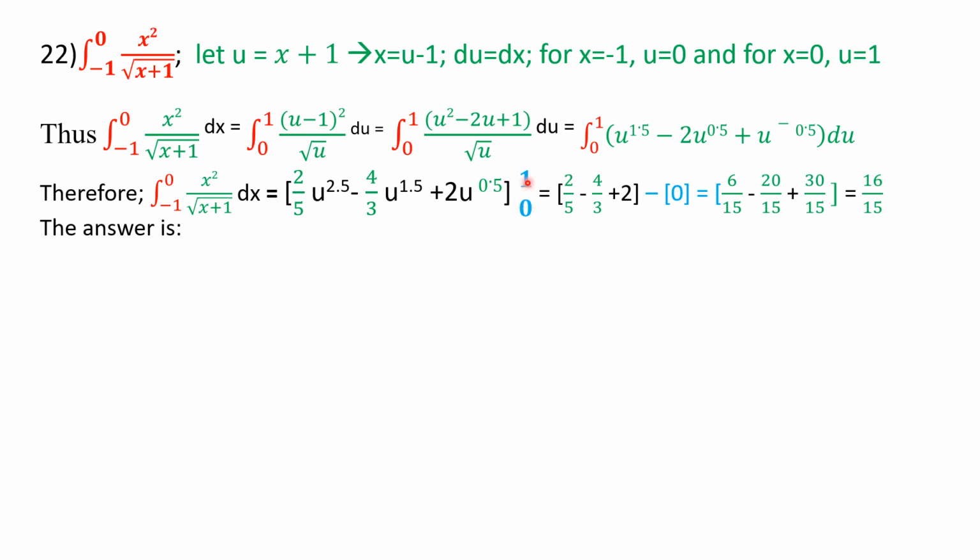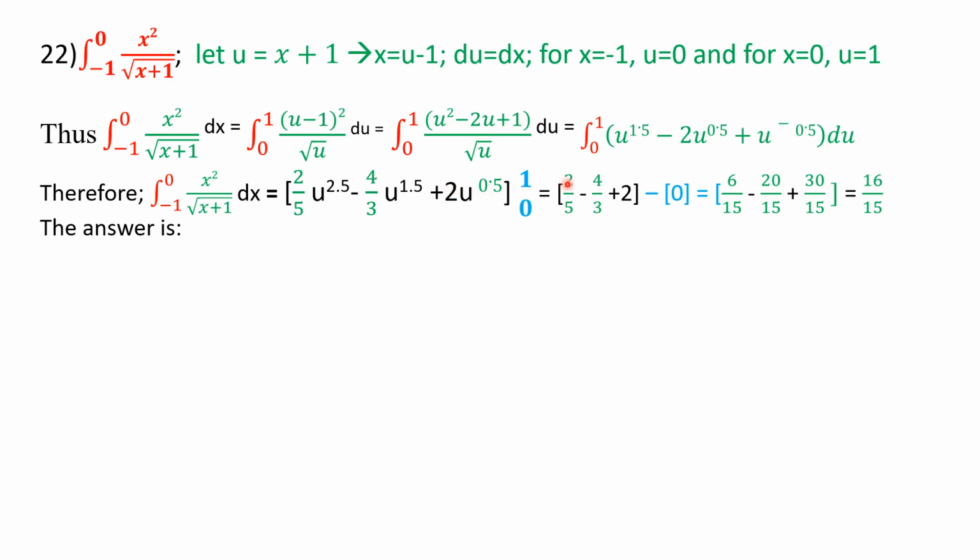If we plug in 1 for every u, it's as if we are just adding the coefficients of all the terms, and that will give us 2 divided by 5 for the first, 4 divided by 3 for the middle, and for the constant it's going to give us 2. So we're just adding the coefficients over here.